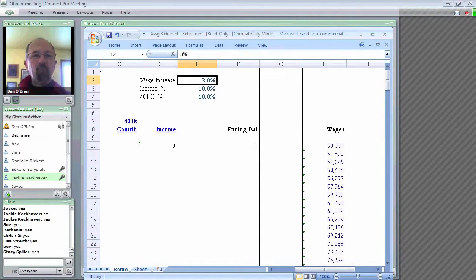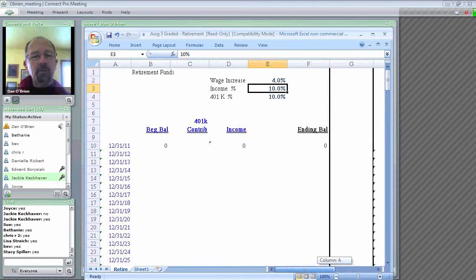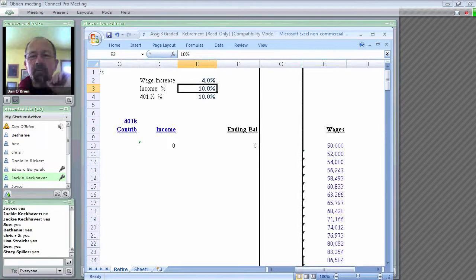You can see, well, what if my wages went up by 4%? What would I be making in 10 years? Can you do that? Yeah, just real quick, you'd put in 4% up here, and it'll automatically show you after 10 years how much you will be making. Okay? After 15 years or whatever, it'll just automatically calculate it.